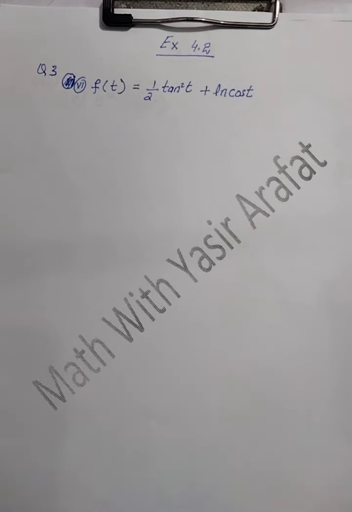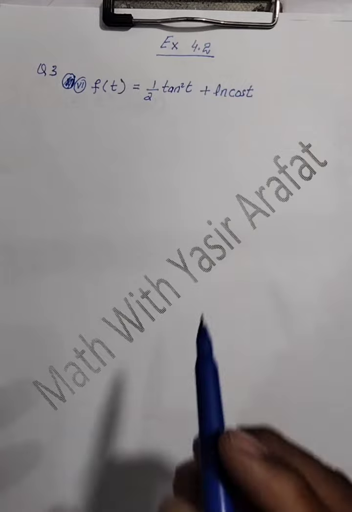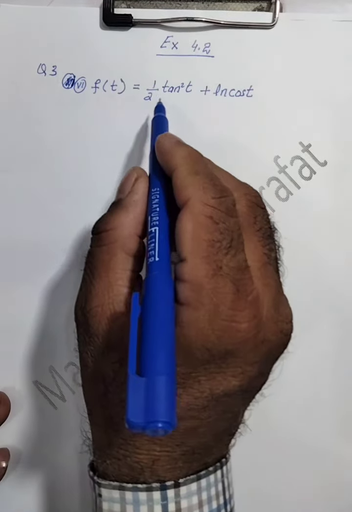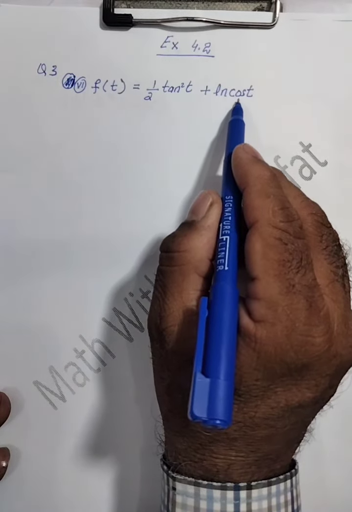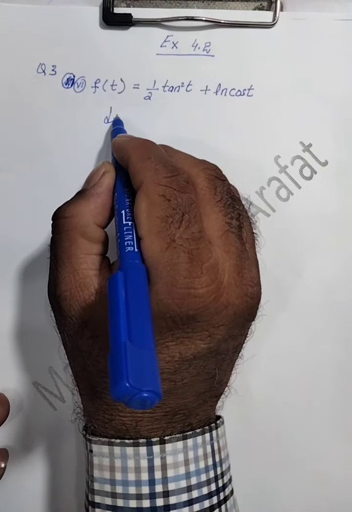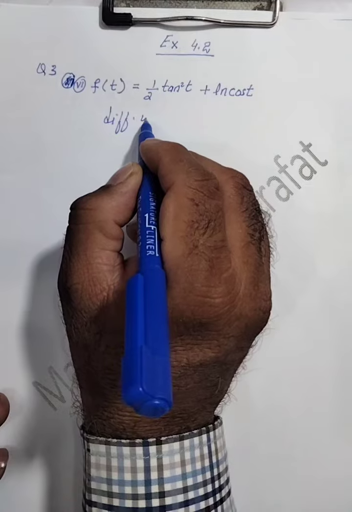Now come to the next part of the same question, same exercise, the most important question of the derivative. This is 1 upon 2 tangent square t plus ln cos t, and we have to find out its derivative here.